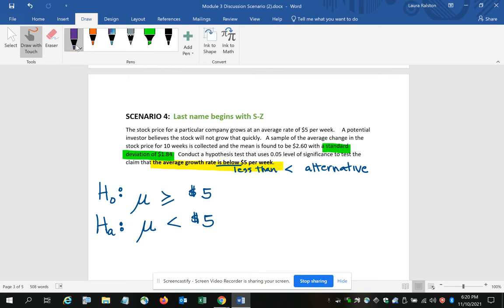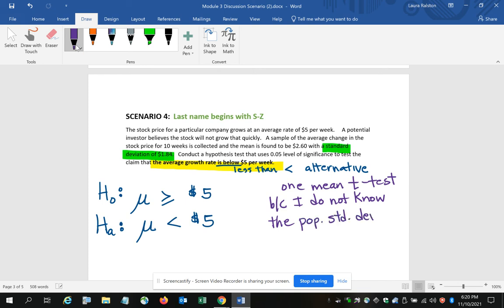So because I have the sample standard deviation, that tells me that I'm going to do the one mean t-test, because I do not know the population standard deviation.